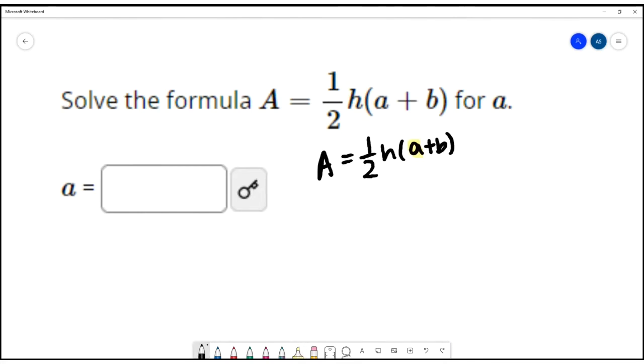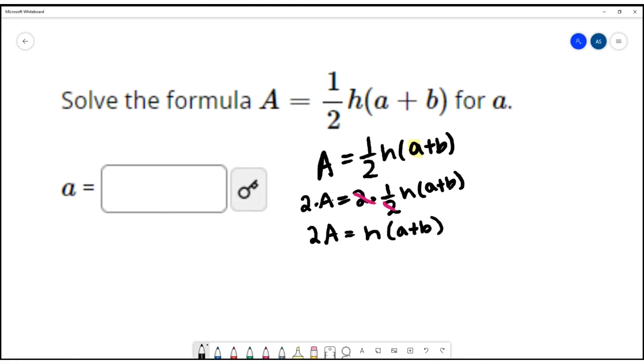So I'm going to start by multiplying by 2 on both sides. And the 2's will cancel. We have 2A equals h times (a plus b). Now I'll get rid of that h. That h is multiplied, so I'll divide.